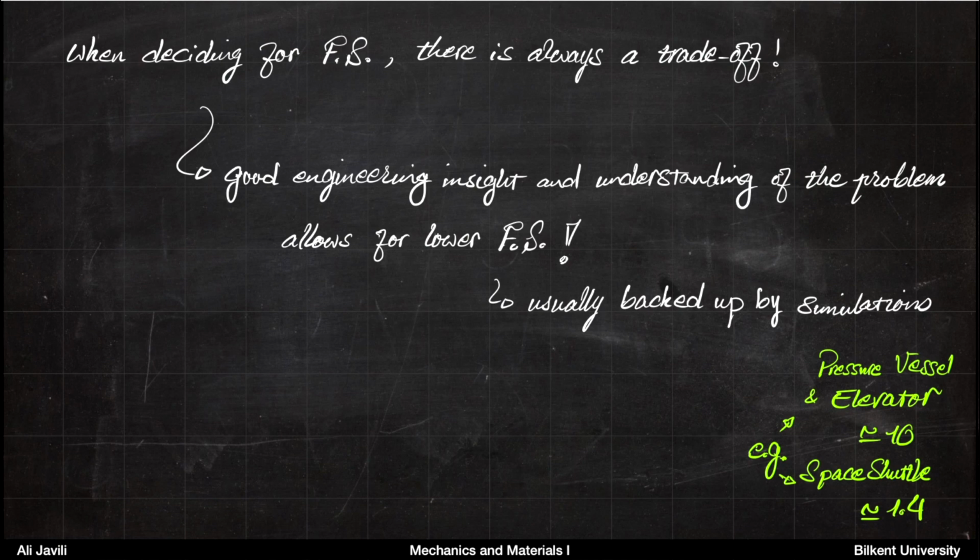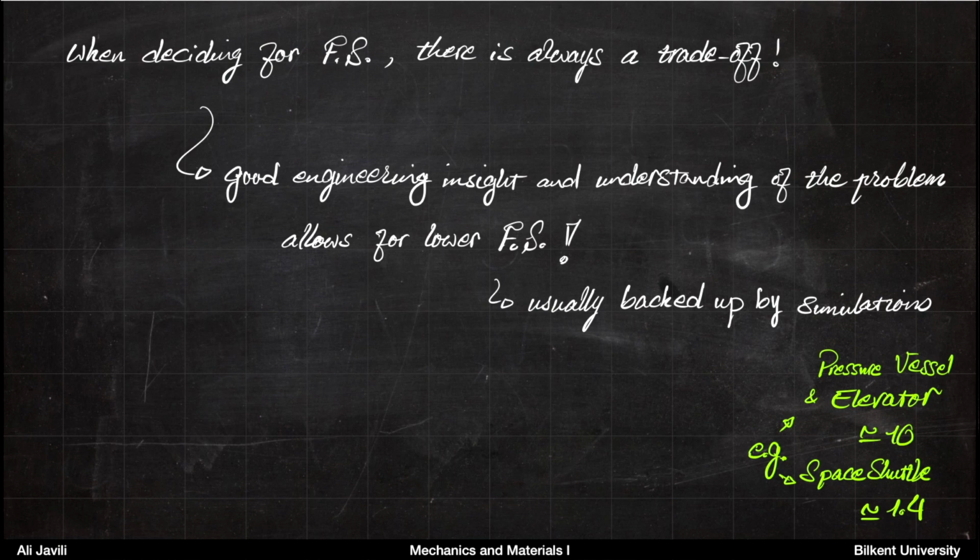Examples of factor of safety are given here. For instance, you should know that the factor of safety for a pressure vessel or for an elevator is around 10 and more than 10. But then, for a space shuttle, the factor of safety is 1.4.